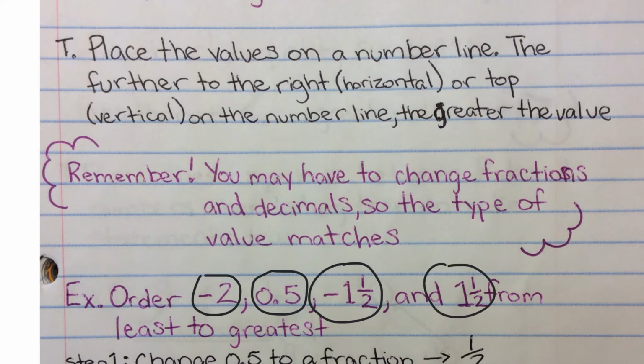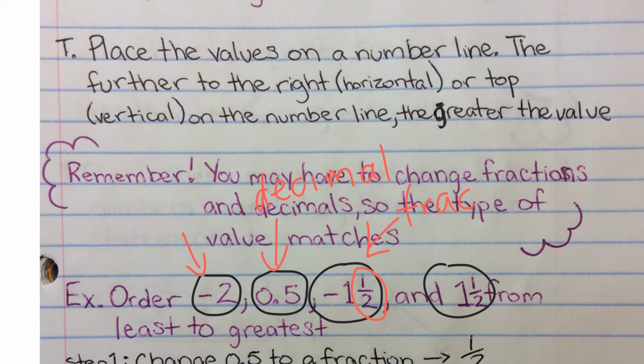But before we do that, you're going to notice something about these values, right? -2 is an integer, so we know where that goes, hopefully. 0.5, though, this is a decimal, right? -1.5, this is a mixed number, so it has a fraction.